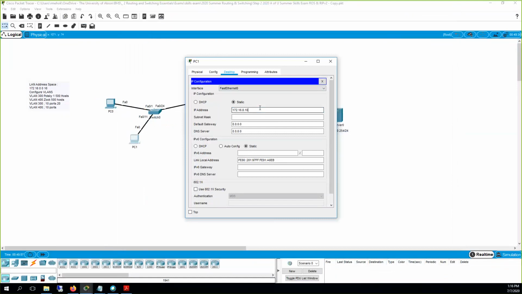I'm leaving .1 as the router interface, and also I need some for maybe the switch and VLANs, things like that. The subnet mask needs 4 octets. It's 255.255.248.0, and the gateway is .1.